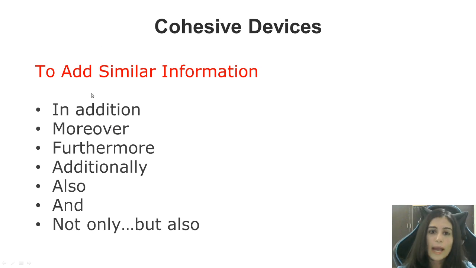Alright, so to add similar information, for example, if you have already given 1 point in favor of something and now you're giving another point, then you will use in addition.